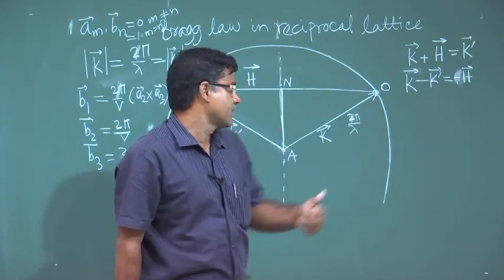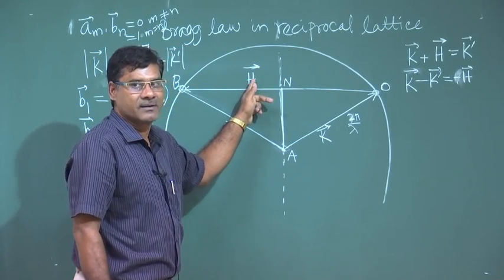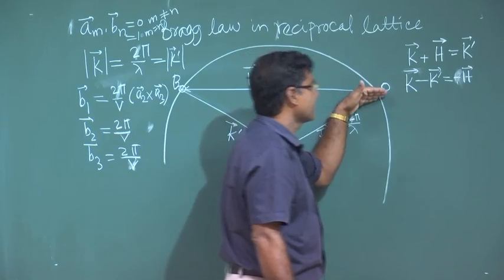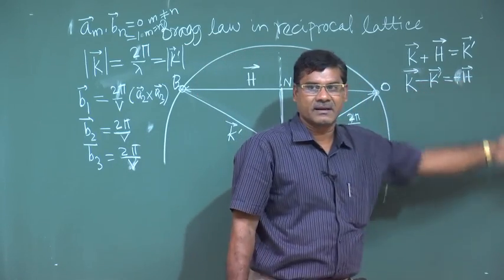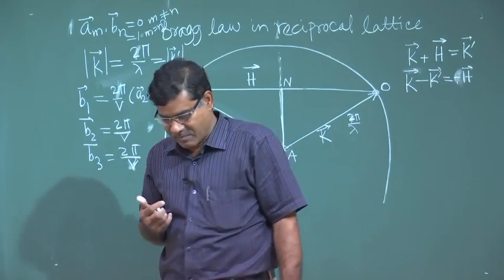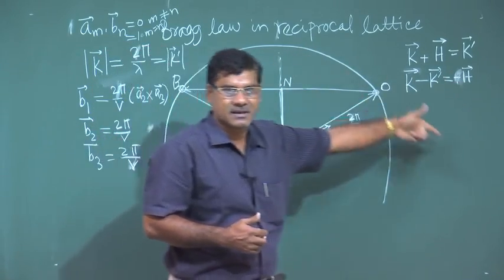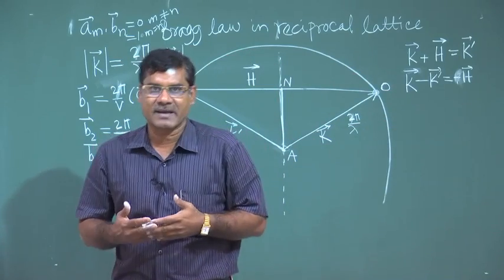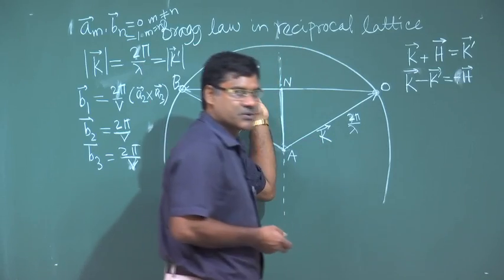Now, whenever in this direction h is there, there must be another lattice point in the other direction. So whenever plus h is there, the other direction exists. It is equivalent, minus h and plus h with direction.